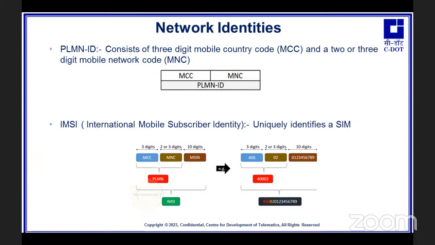The IMSI consists of MCC, MNC plus MSIN, the Mobile Subscriber Identification Number. The whole IMSI consists of 15 digits. So if MNC is 2 digits, then MSIN will be 10 digits, and if MNC is 3 digits, then MSIN will be 9 digits. The IMSI uniquely defines a particular SIM, a particular subscriber.